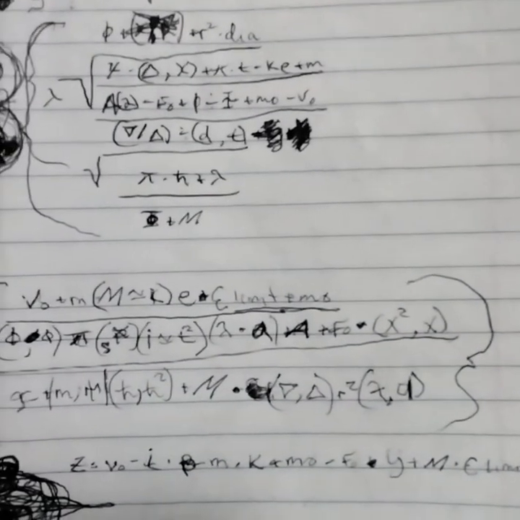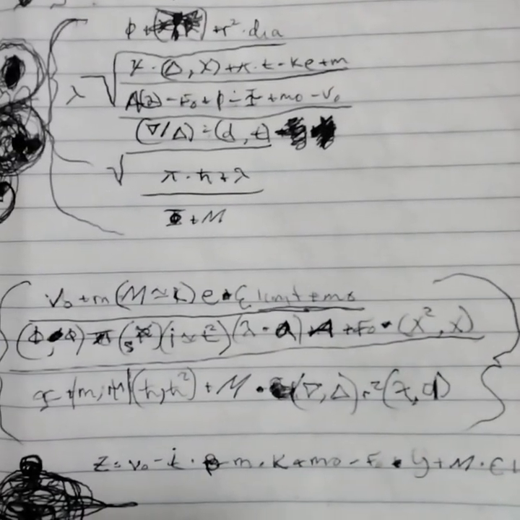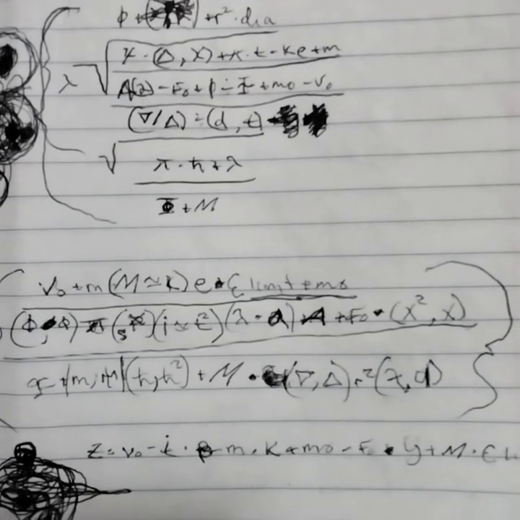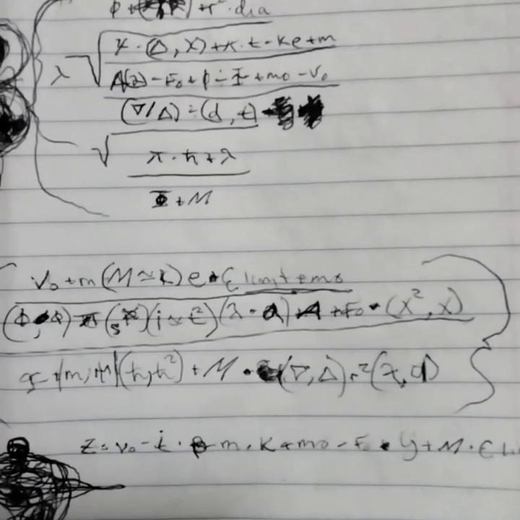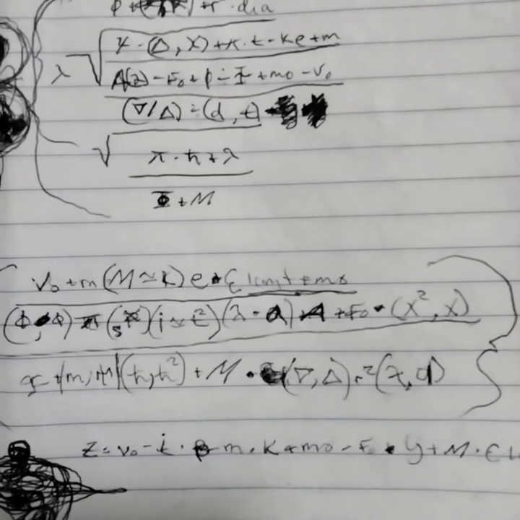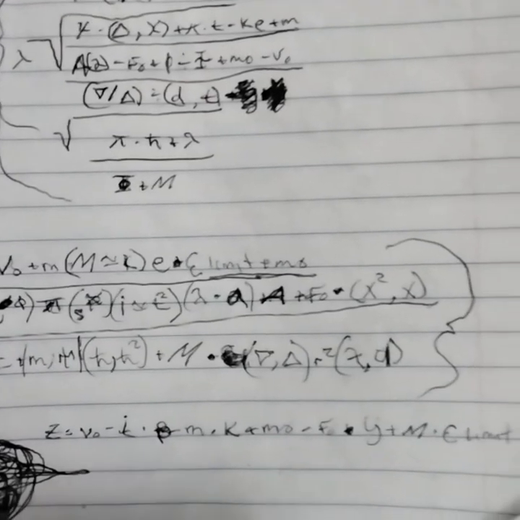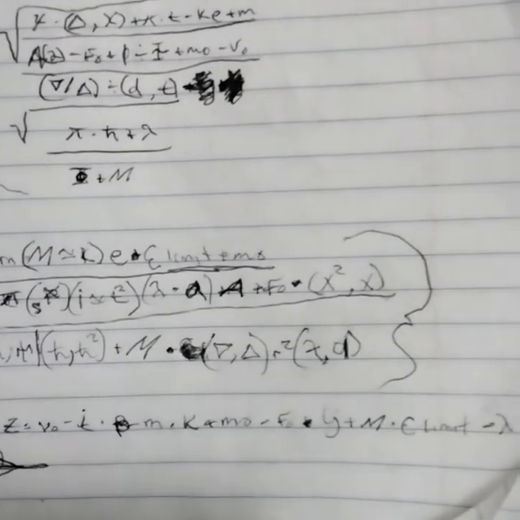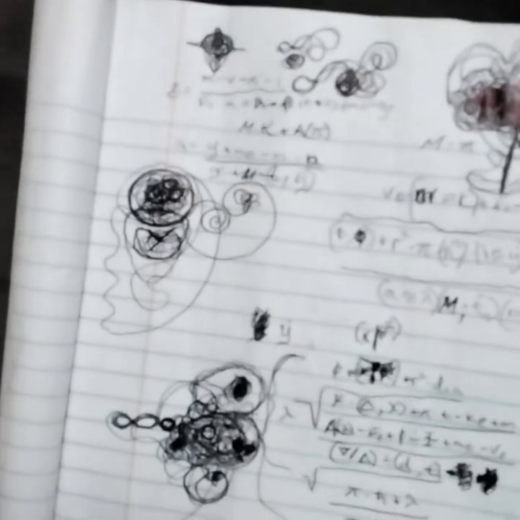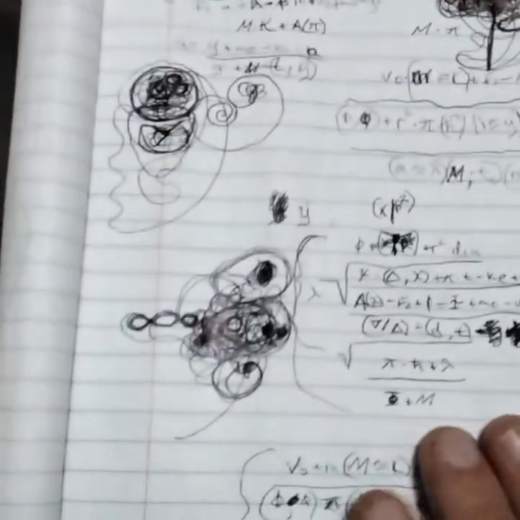And then I wrote inertia at the bottom, so nobody thought I was cheating. Minus wavelength. I was trying to make up parts of gravity to use, but I didn't use gravity. And so that's ERBA.